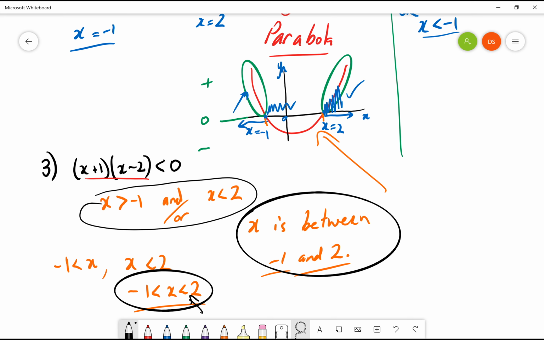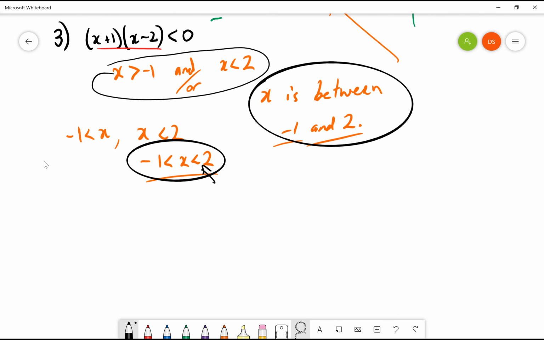I don't really want to do too much more of these today, but I will do one more just to keep you having the option to do one more. So question 4 is going to be x squared plus 7x minus 8 is greater than 0.